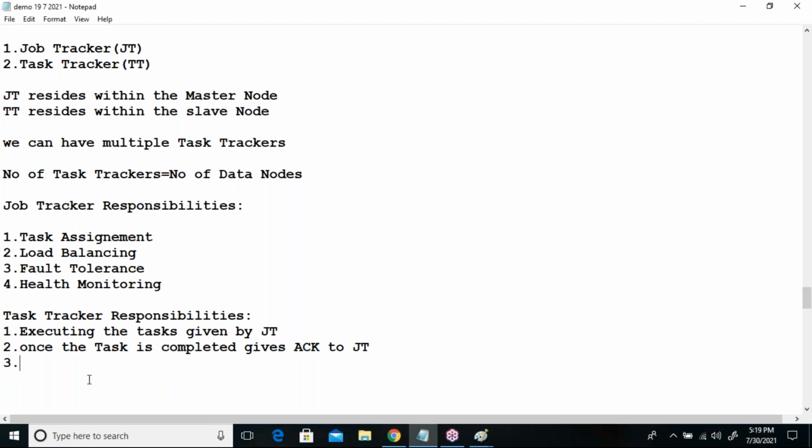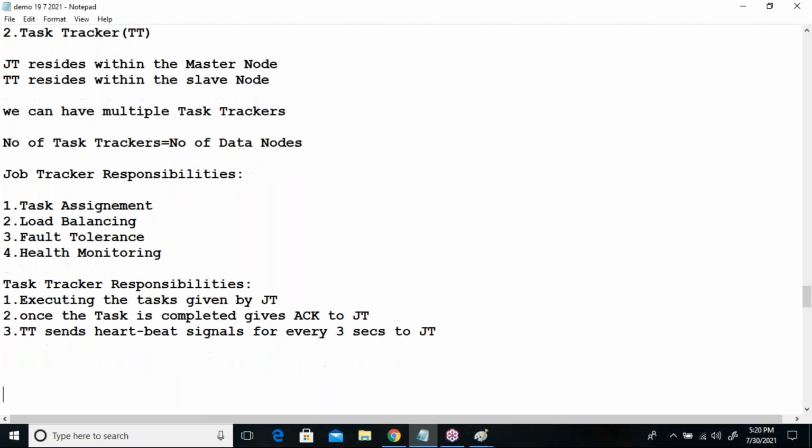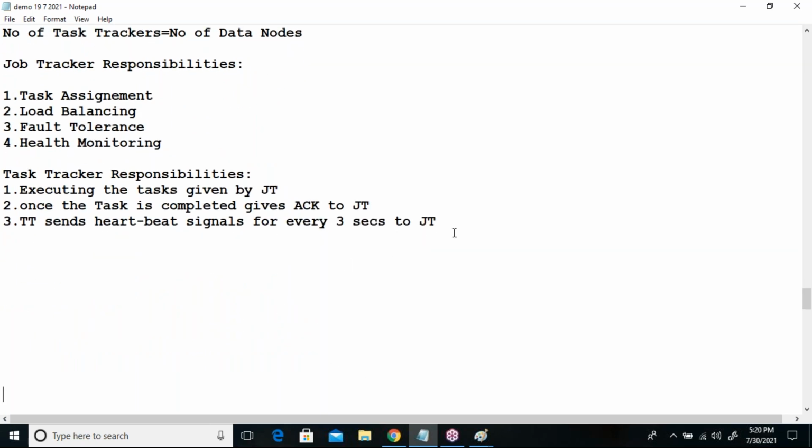Next, task tracker sends heartbeats. Task tracker sends heartbeat signals every 3 seconds to the job tracker. These are the job tracker responsibilities, and these are the task tracker responsibilities.